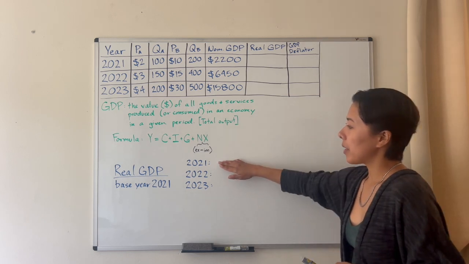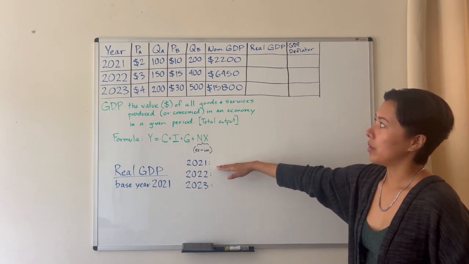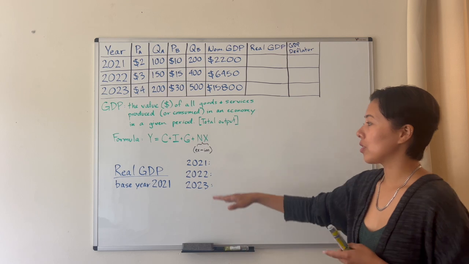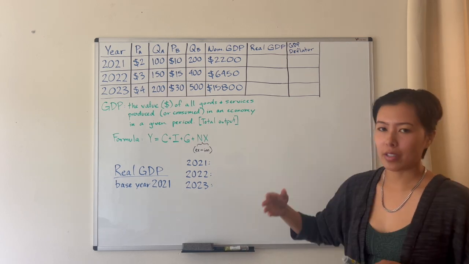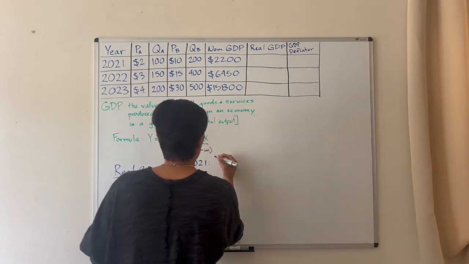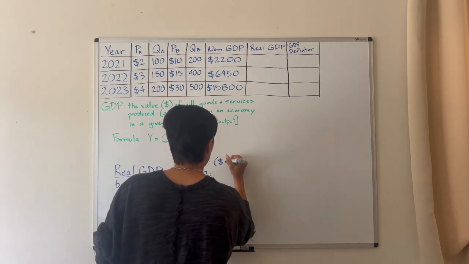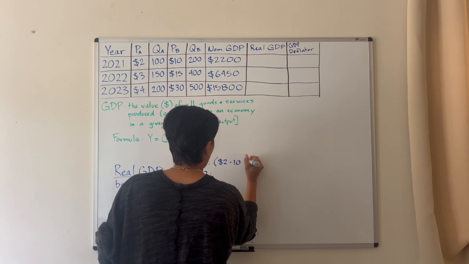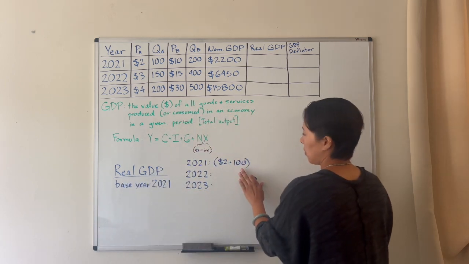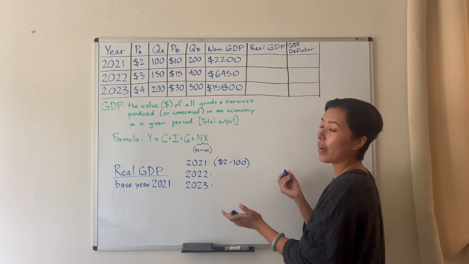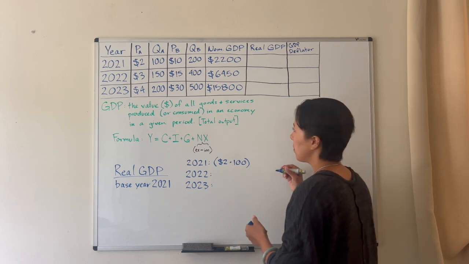Okay, so let's start by calculating real GDP for 2021. And so this one is easy. We're just using prices for 2021 to calculate GDP. And we're going to follow the same sort of procedure. We know that in 2021, 100 apples were produced, and each apple is worth $2. So to get the total value of all the apples produced, we just multiply.